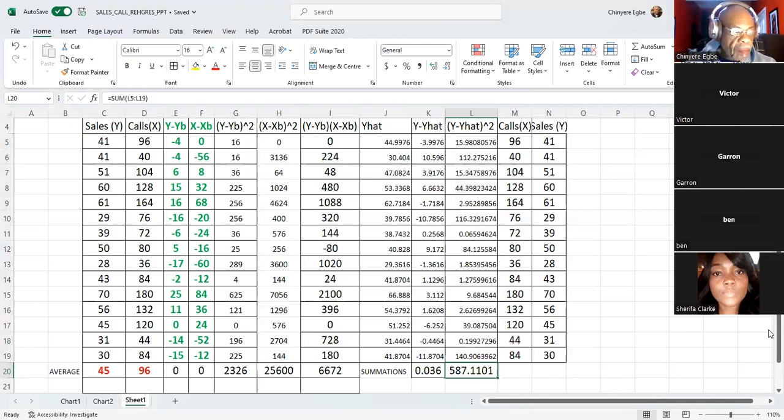You write it down. The reason I say write it down is that I'm going to go back to the PowerPoint slide. So I will stop share. This is 587.1101.